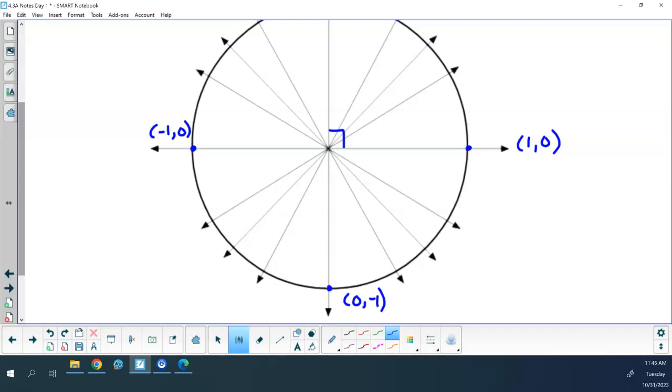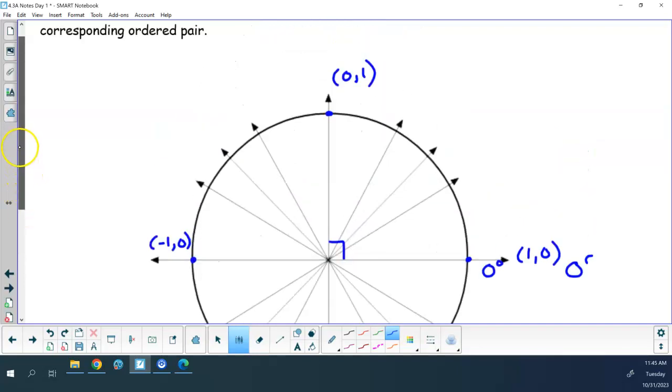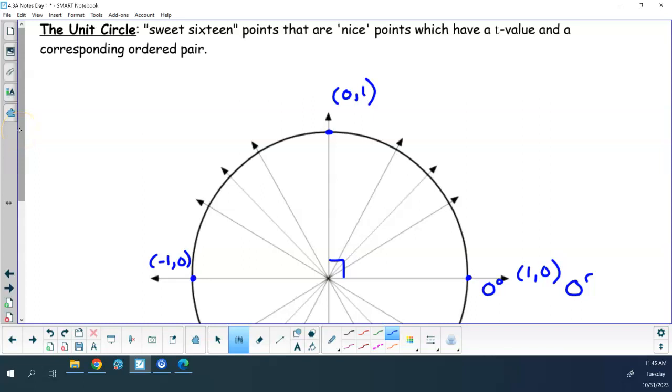Now, for those of you that remember, 0 degrees or 0 radians starts out straight out to the right. Then if we go up 90 degrees, this would be 90 degrees up here, or pi over 2 radians.